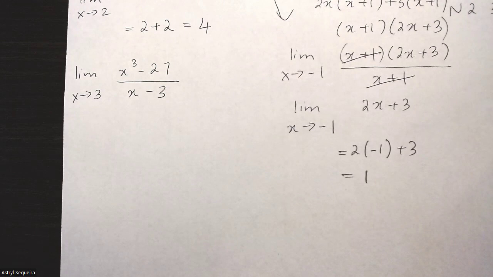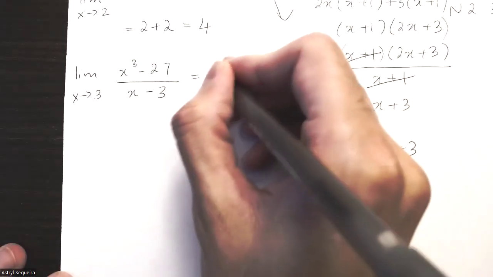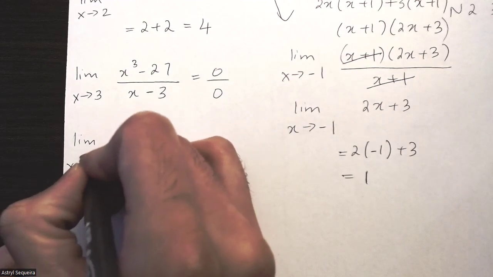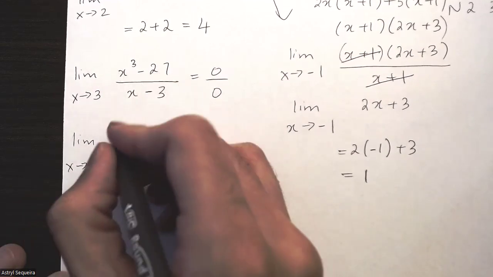And let's go to the third question over here. Again, this one, if I sub in the limit of 3, I'll get 0 divided by 0, so I need to factor this. The top can be factored using difference of cubes. So for difference of cubes, I'll cube root that first equation.